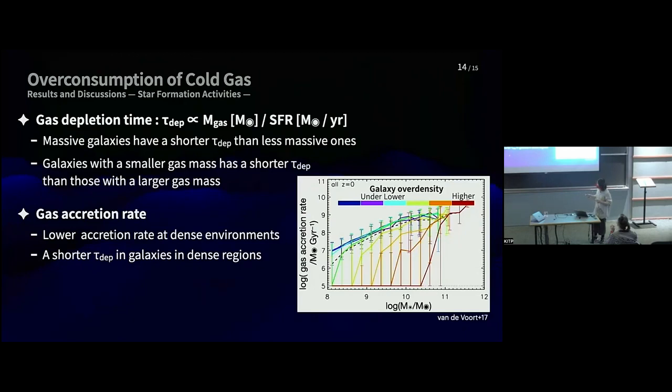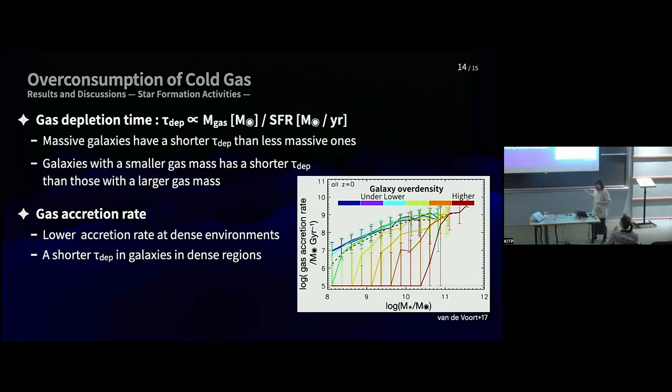Meanwhile, gas mass can be determined by the balance of outflow and inflow. Some cosmological hydrodynamic simulations have suggested that the gas accretion rate is suppressed in denser environments, showing a significant drop in accretion rate. This is one example of the simulation results.